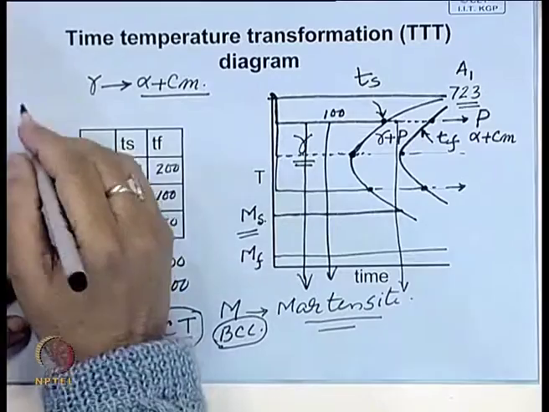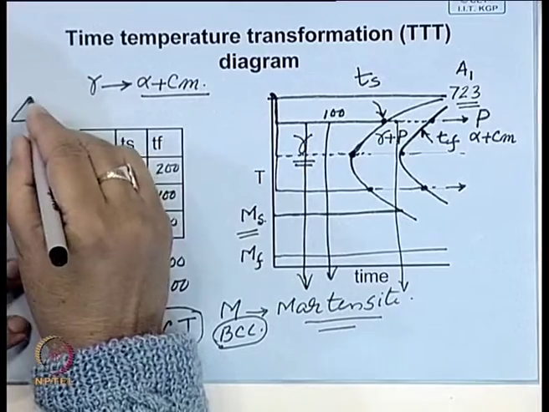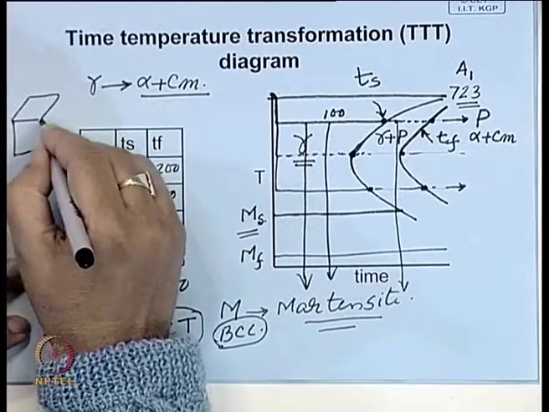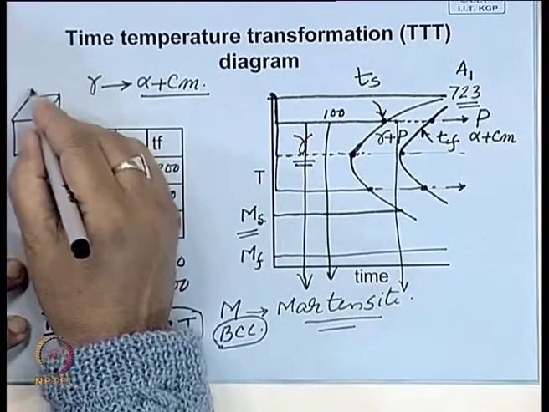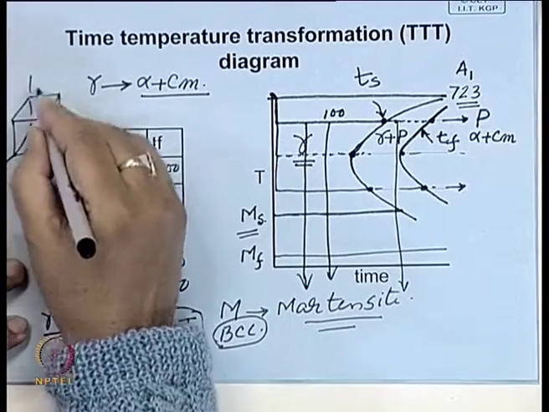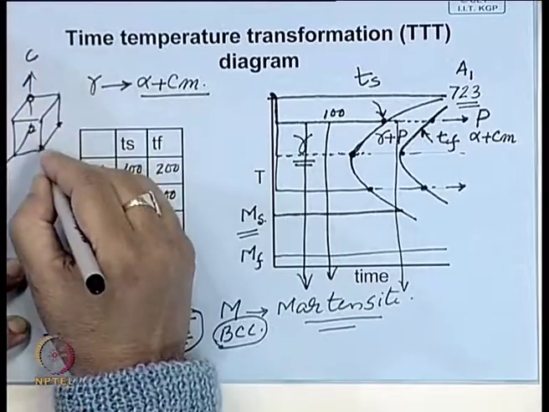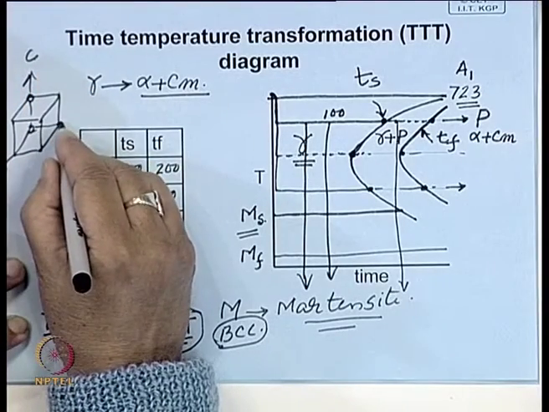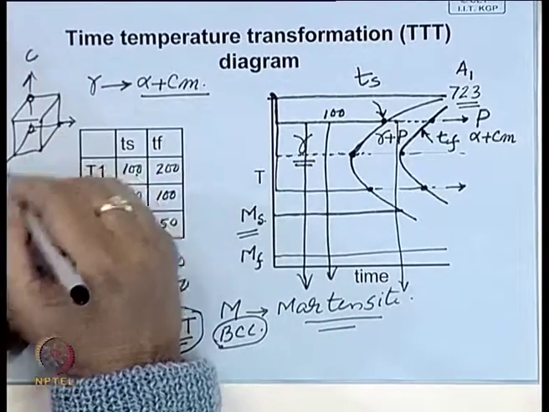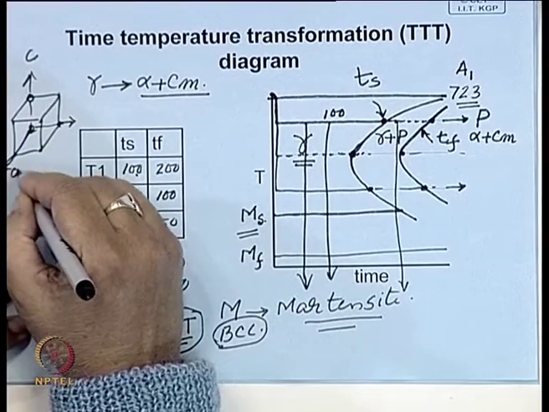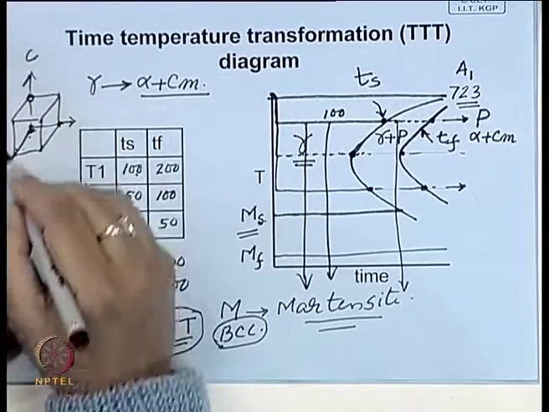In a BCC lattice, A and C are equal. In a BCC, the atomic distance along the C direction and the atomic distance along the A directions are the same.